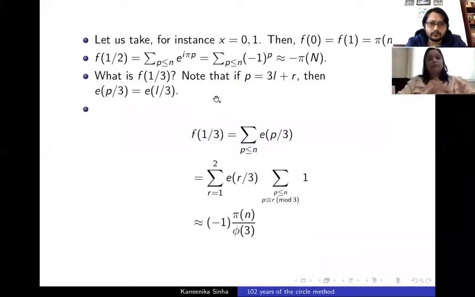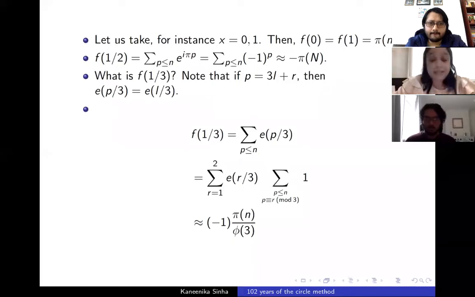With this in mind, all that matters is the residue class of p. So we first separate all the non-trivial, or non-zero, residue classes mod 3. So r goes from 1 to 2, and we can just bring out e of r over 3, since e of p by 3 is equal to e of r over 3.